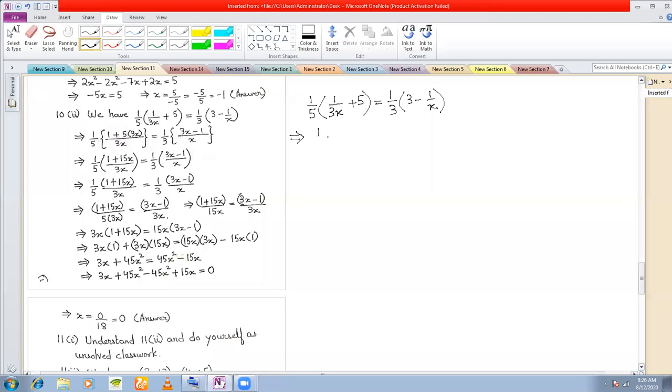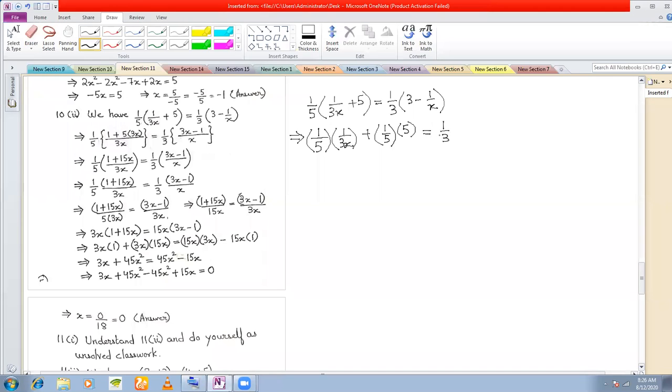So I get 1 by 5 into 1 by 3x plus 1 by 5 into 5. Now the way I have solved, I have taken the LCM in the brackets. You can do that also. It's a little different method.